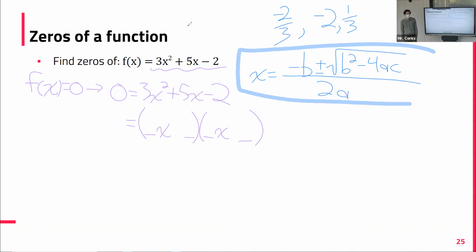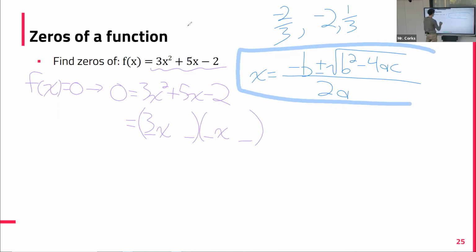Does anyone see one of them? Sorry, 3x plus what? 3x, sorry, plus 2 or minus 1?